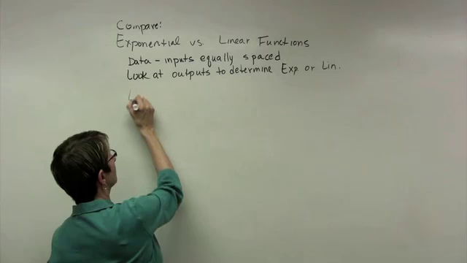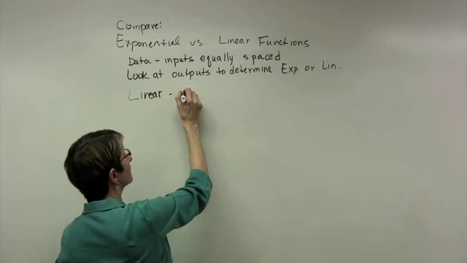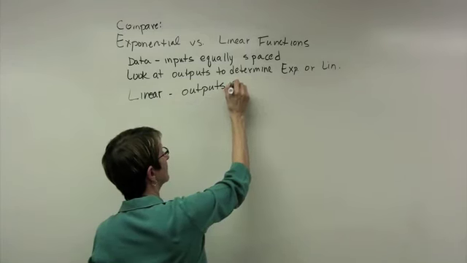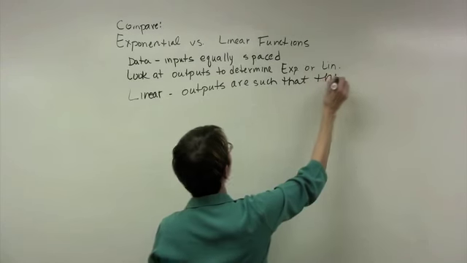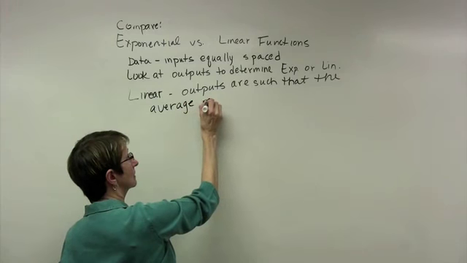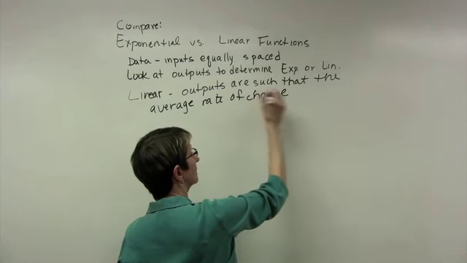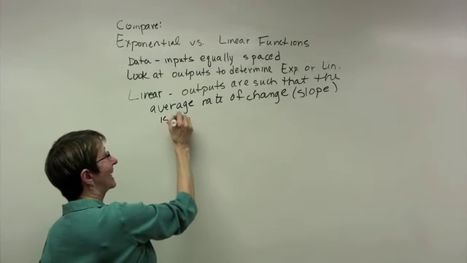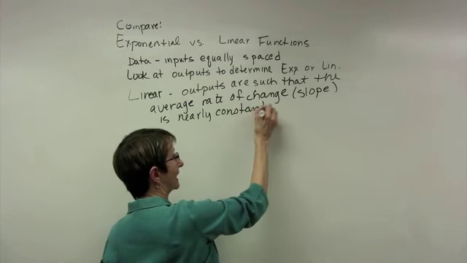So first, to look at linear. For a linear function, the outputs are such that the average rate of change, which you know now is the slope, is nearly constant between consecutive values.